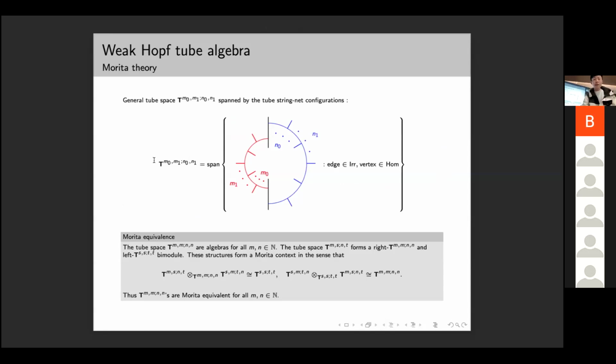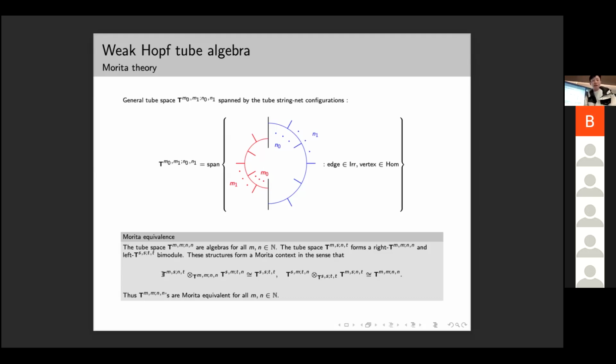So this can be shown: if we take this boundary tube configuration, and M0 equals M1 and N0 equals N1, they form an algebra. And we can show that if they are not equal, I mean if M1 is not equal to M0 and N0 is not equal to N1, they form a bimodule over the following structure.